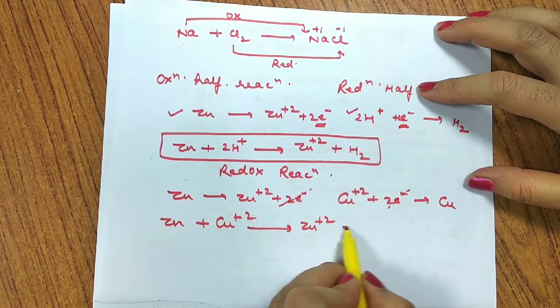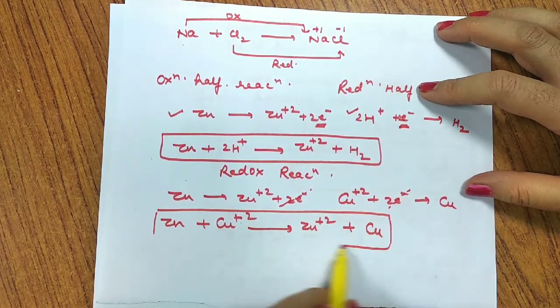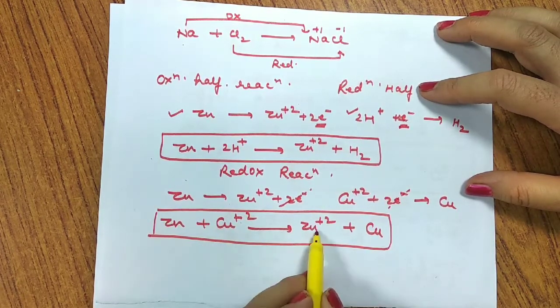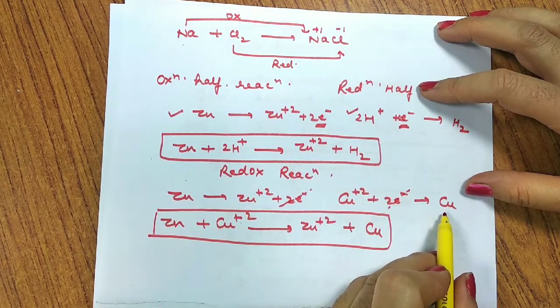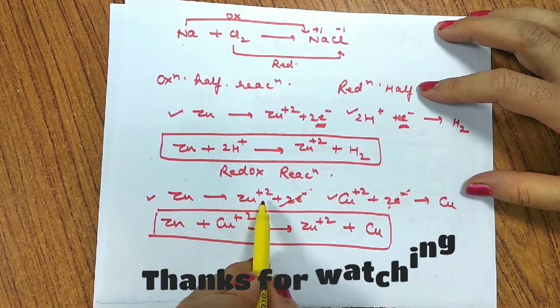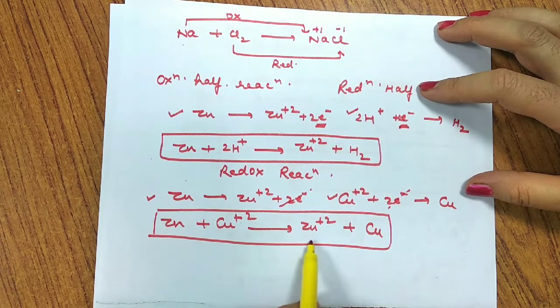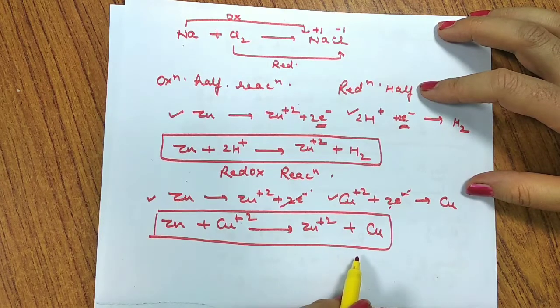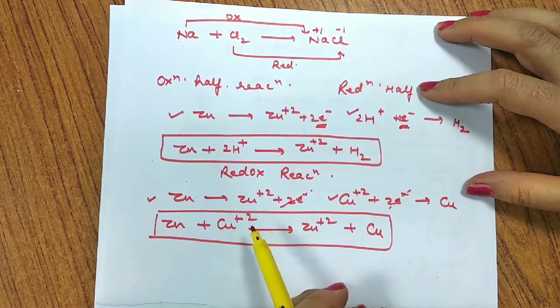So Zn 2 plus plus copper. This is a complete redox reaction. Zinc undergoes oxidation by the loss of 2 electrons and copper ion undergoes reduction by the gain of 2 electrons. These are the two half reactions, and in combined form we have the complete redox reaction.